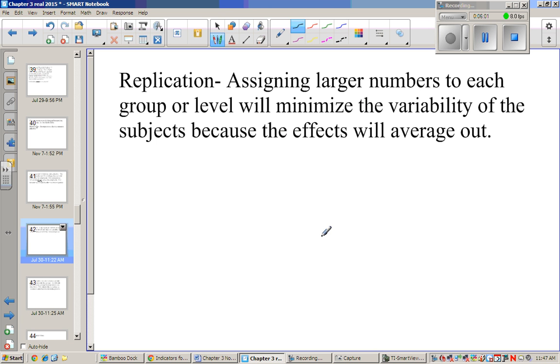Now, in order for a study to be valid, we need to replicate it. Replication is assigning a large number to each group or level to minimize the variability. So you don't want to do the study on 4 people or 10 people. You want the number to be high enough that you can be comfortable with the results.